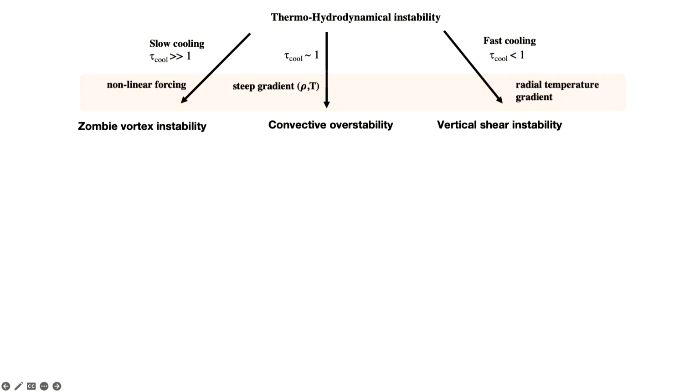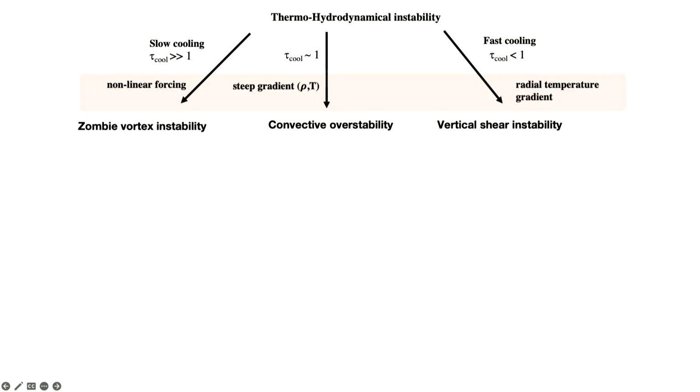The radial temperature gradient just comes out of a passively irradiated disk. Whereas for the other two, it's a bit more difficult. The zombie vortex instability requires a nonlinear forcing, so it doesn't operate by itself. And the convective overstability needs very steep gradients, so probably appearing only at the edges of gaps.